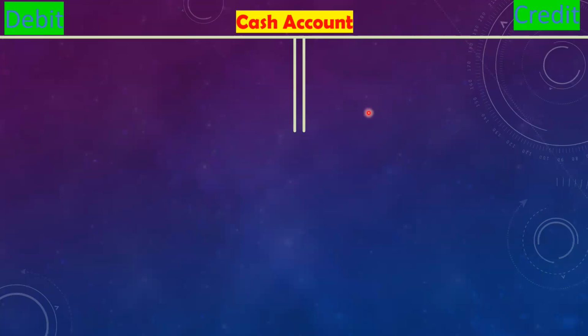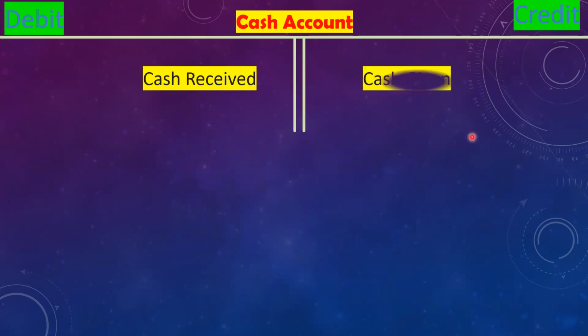So in cash account, what is the rule we learned? Cash received, debit to cash account. Apply now. Cash received, debit to cash account. You see the connection? So this side, what comes? Cash given, credit to cash account.